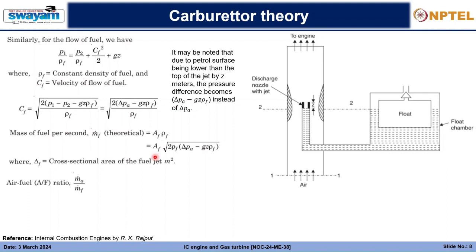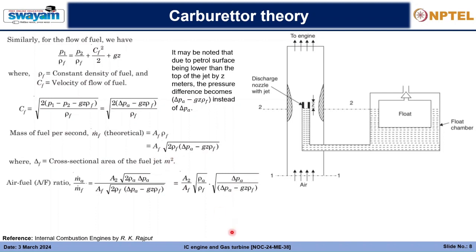So the air fuel ratio becomes Ma by Mf, that we know. Finally, we just have to put in the expressions: 2 rho A into delta PA divided by AF into root over 2 rho F within bracket delta PA minus Gz rho F.